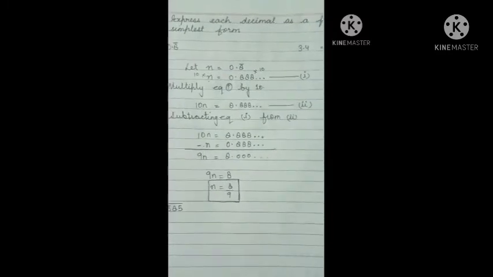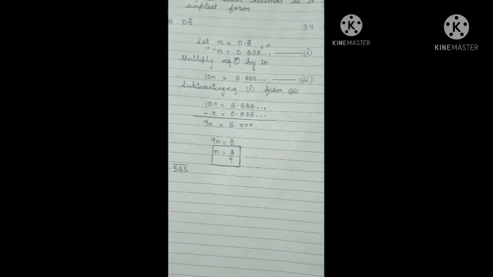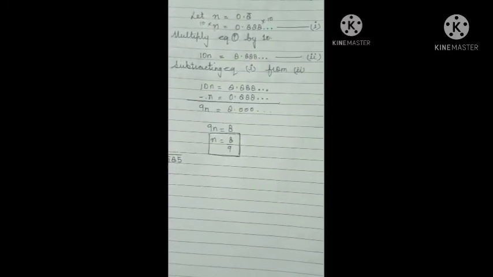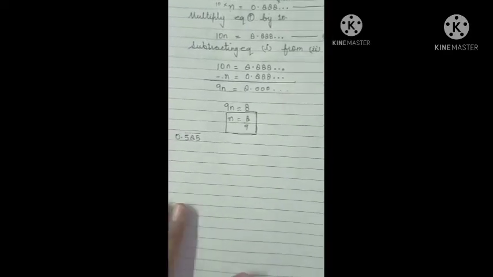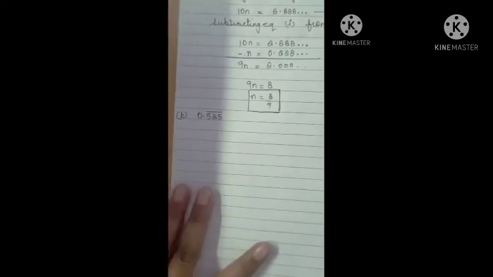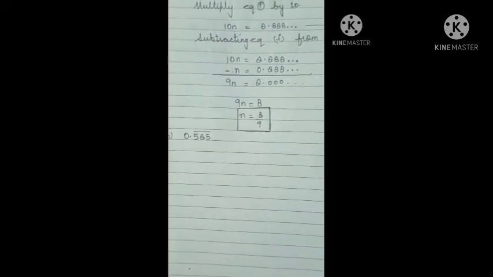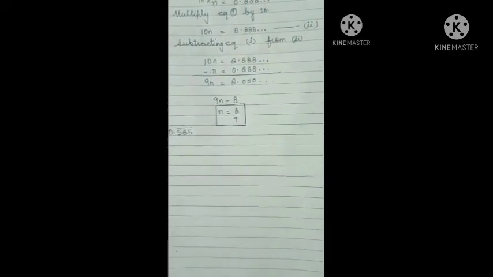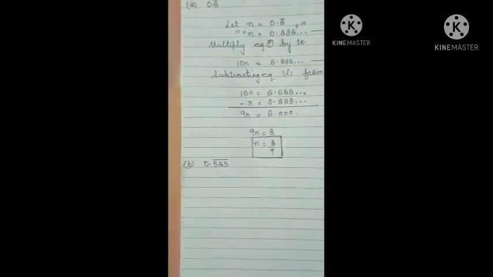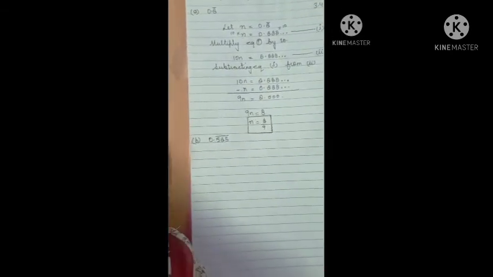Clear? Okay, let's understand with one more example. Here you have 0.585. Again, what is the first step? We assume 0.585 equals n.